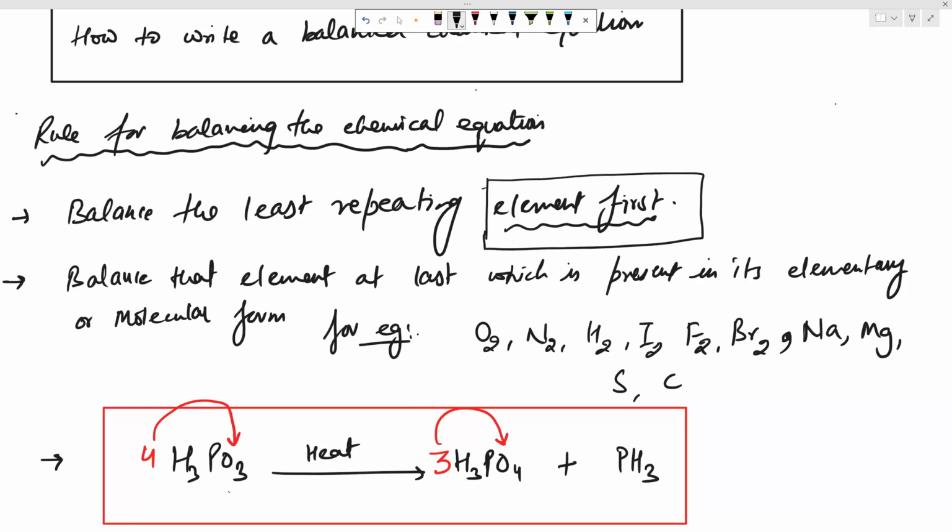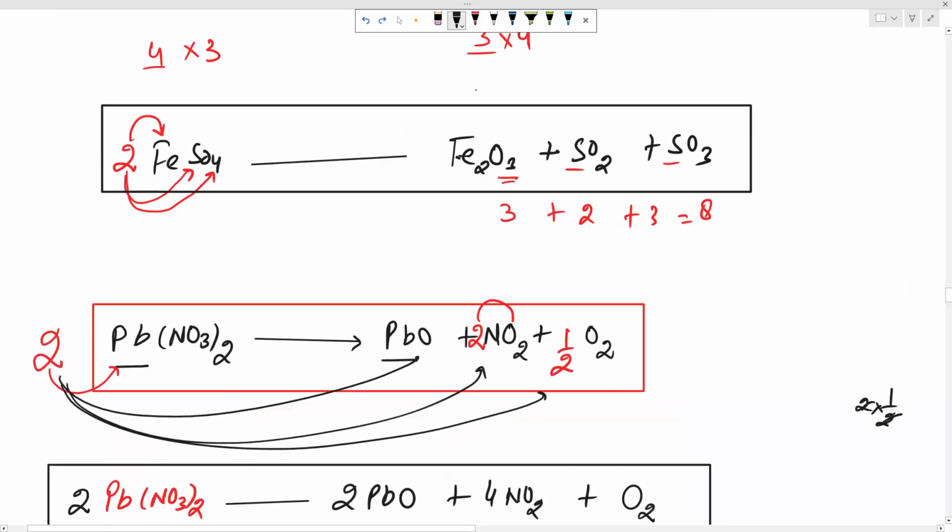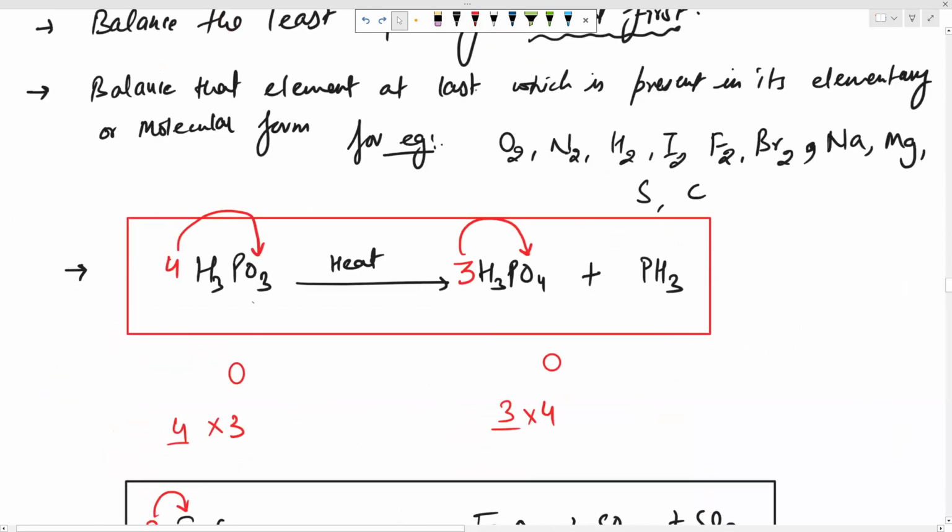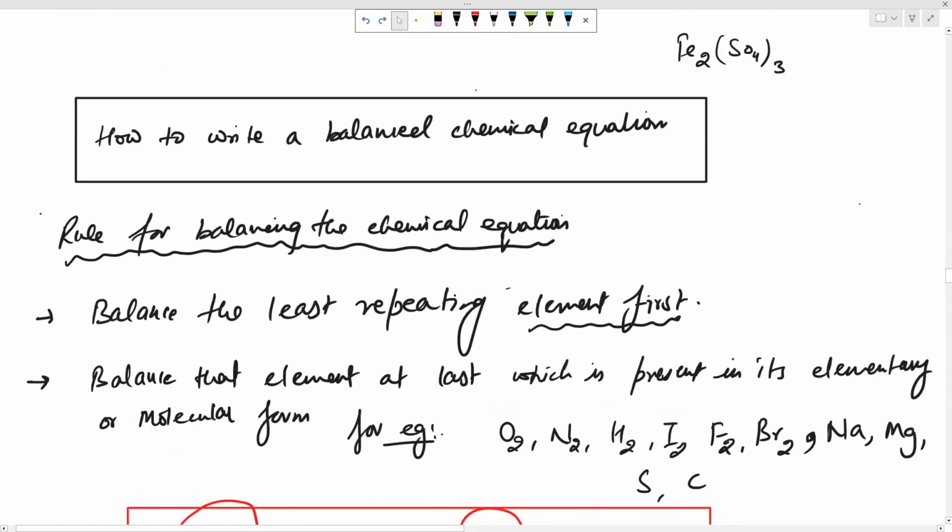Sir, for the heat, can we also make the triangle symbol here? Speak a little louder. Yes, sir, I'm saying for the heat symbol, can we also make a triangle?